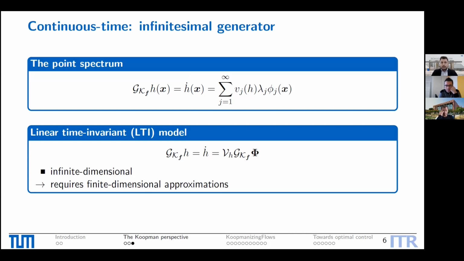If we fiddle around with some operator theoretic notation, where this calligraphic V is the projection, the calligraphic G is the Koopman operator generator, and this big psi are the features, eigenfunctions, we can see that this is quite reminiscent of a linear time invariant model, but one that's infinite dimensional, for an observable of interest H, and this requires then finite dimensional approximations.